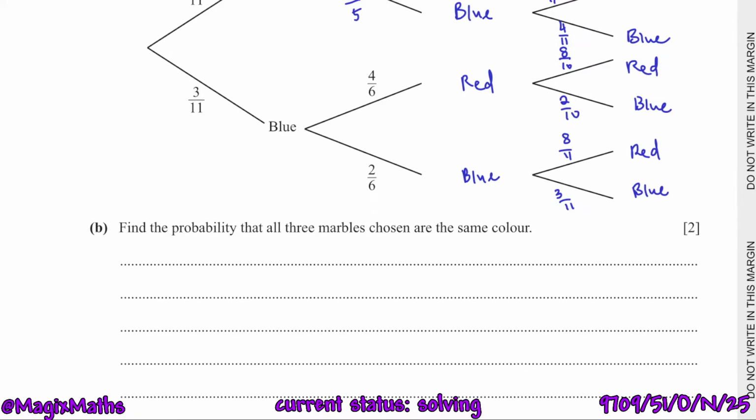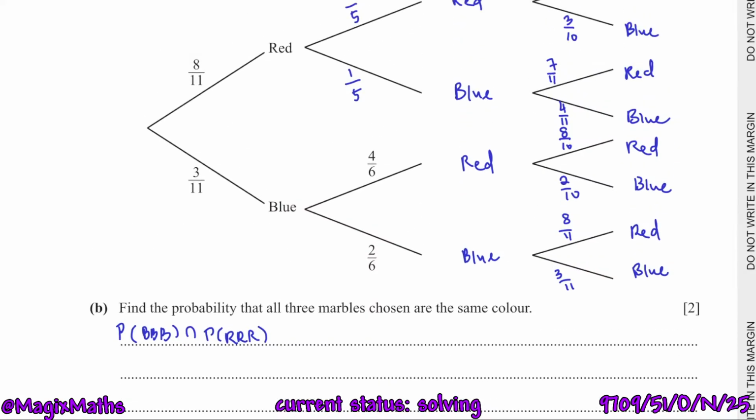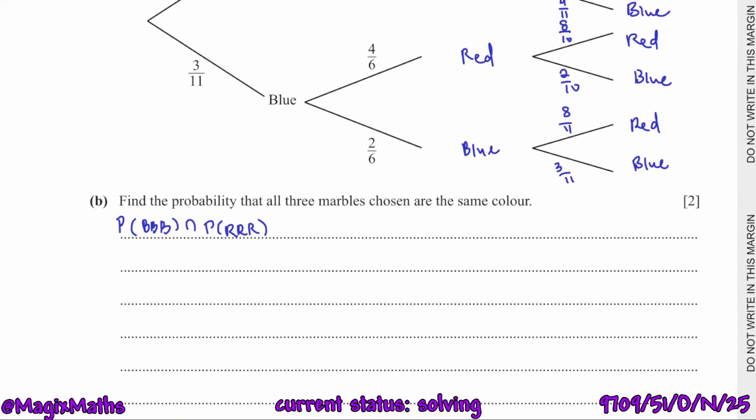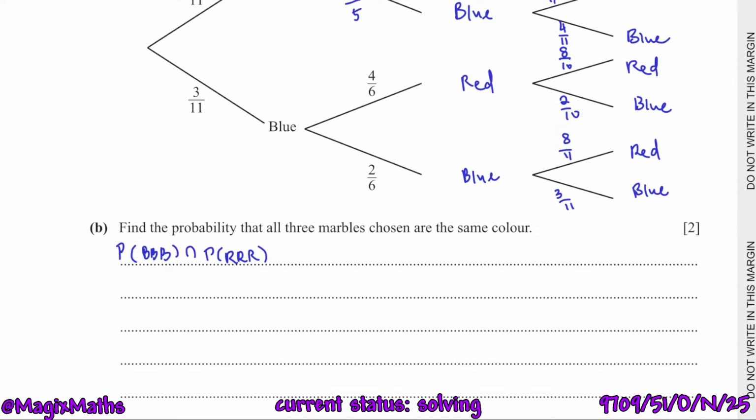So find the probability that all 3 marbles chosen are the same color. So we want the probability of blue, blue, blue intersect with red, red, red. So the probability of blue, blue, blue is the bottom one, so it's equal to 3 over 11 times 2 over 6 times 3 over 11.